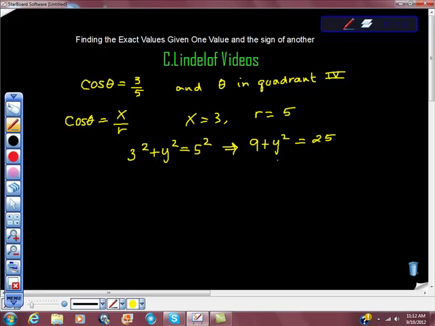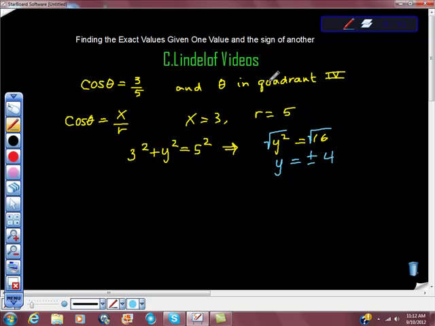Solving for y, we get y is equal to the square root of 16. Let me go through this math a little bit. Add negative 9 to both sides and get 16. Take the square root of both sides and get y is equal to plus or minus 4, isn't it?